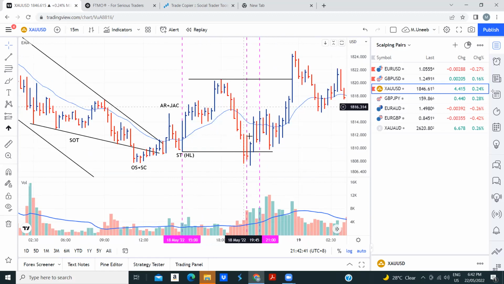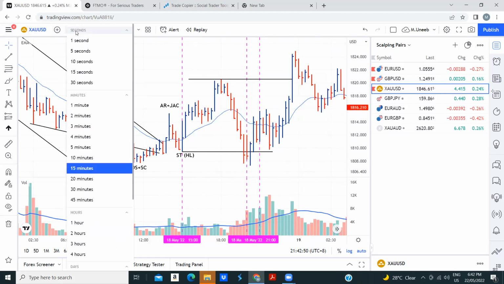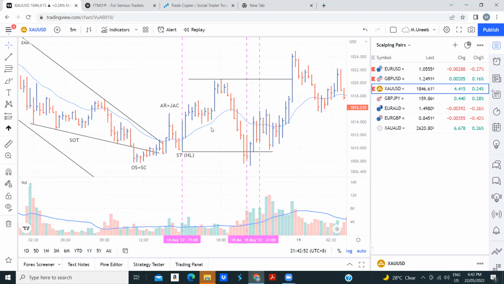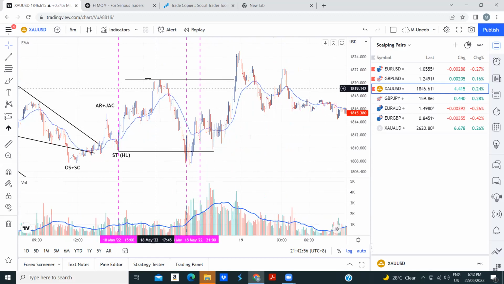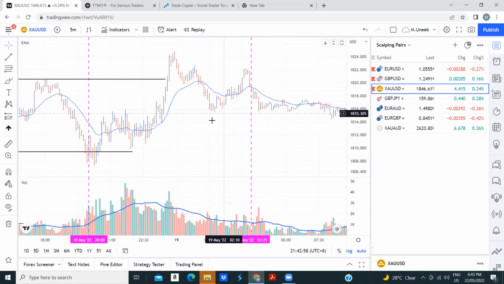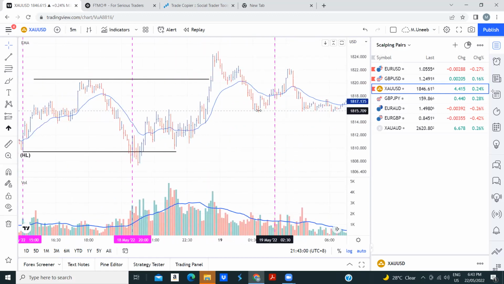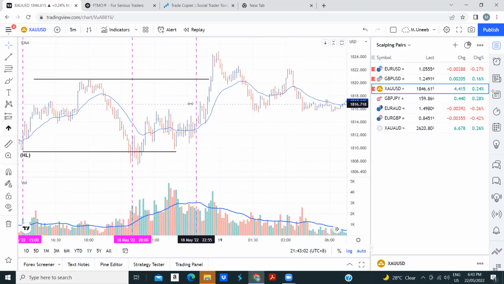Can we draw the structure between the 15-minute points from here to here? The structure is difficult to draw, so we go to the 5-minute time frame. Now, can we draw the structure here? Yes, now we can draw the structure. Sorry, I moved it here. Where should it go?